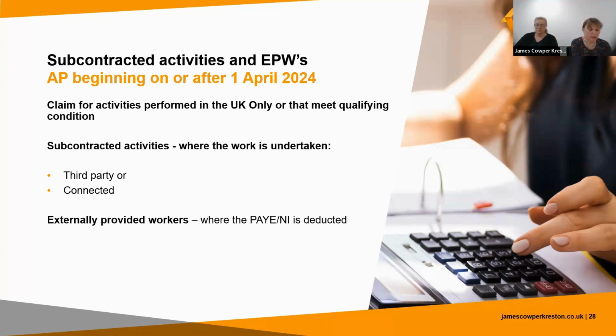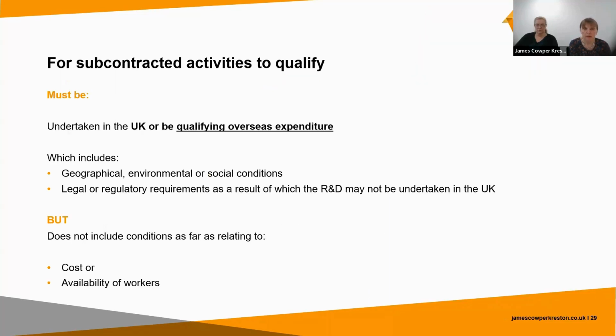activities. And so it's when you have externally provided workers or subcontract activities, and that can either be to fellow group companies, connected companies, or an independent third party. So what are the detailed rules? Next slide, please. So the activity or work must be undertaken in the UK, or it must be considered to be qualifying overseas expenditure.